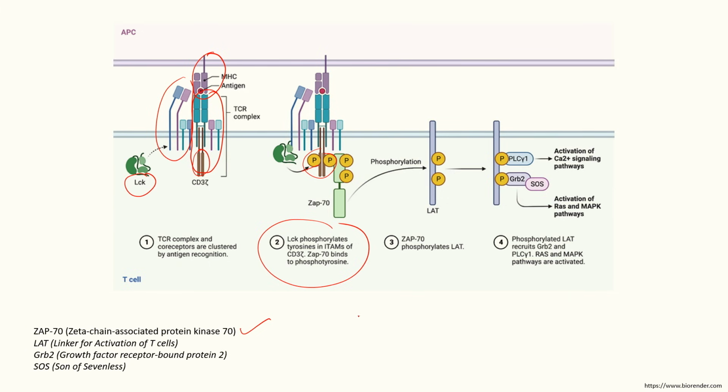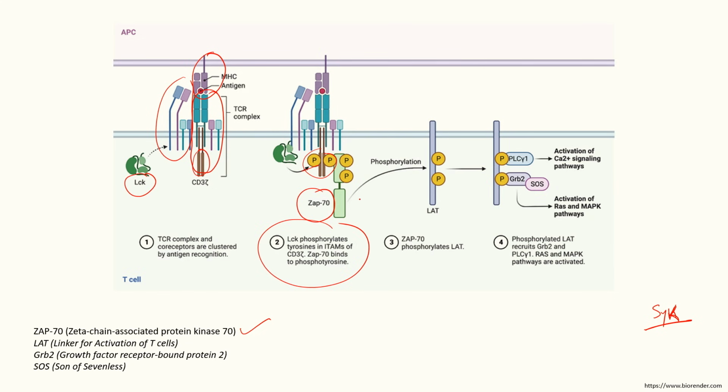If we recall back in the last B cell discussion, we talked about SYK, which is spleen tyrosine kinase. So SYK kinase can be docked into the site post phosphorylation. Here instead of SYK, we are talking about ZAP-70. So ZAP-70 is a very specific zeta chain associated protein kinase, about 70 kilodalton in size, coming into this site which is getting phosphorylated.